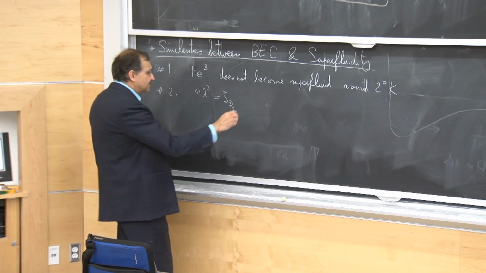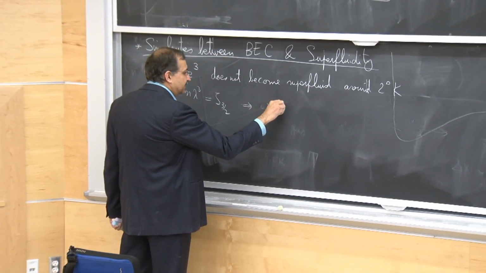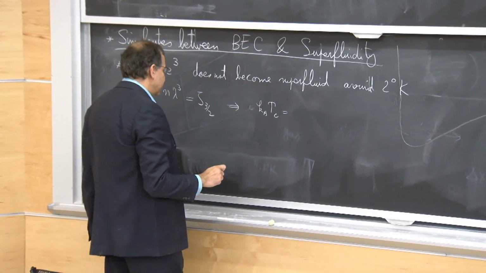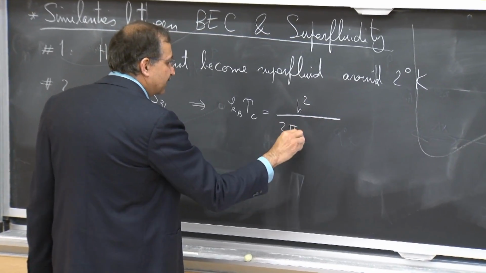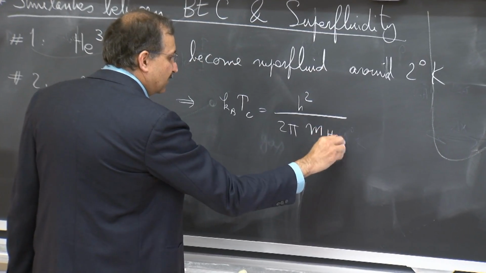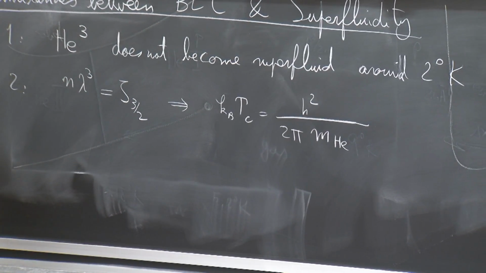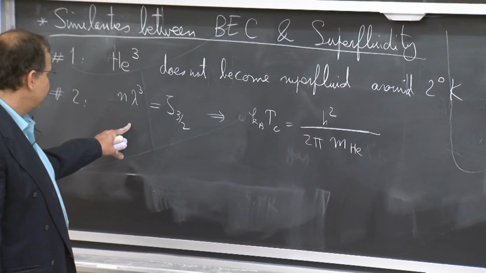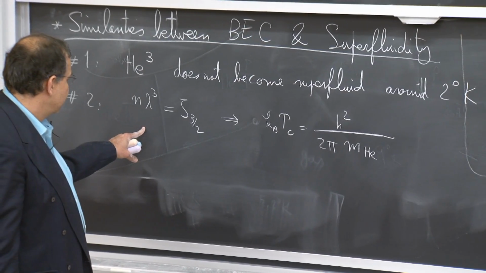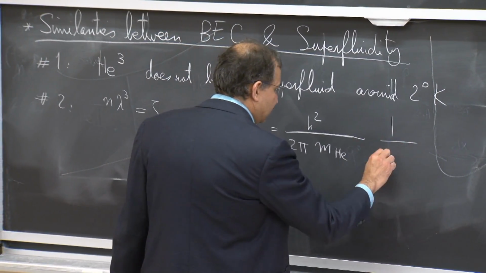So that gives you some value of kBTc being h squared over 2 pi times the mass of helium. And then we have a zeta of 3/2 and n somewhere.